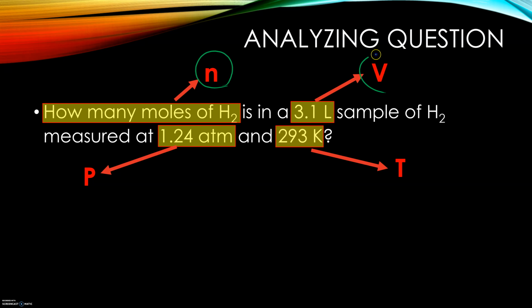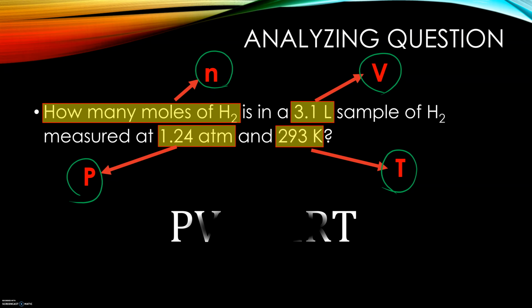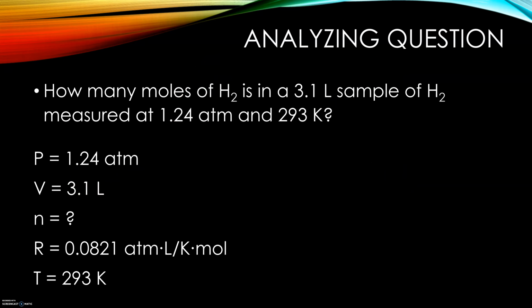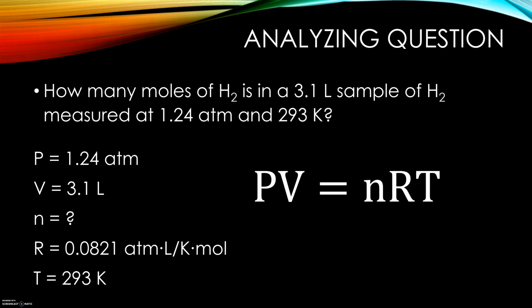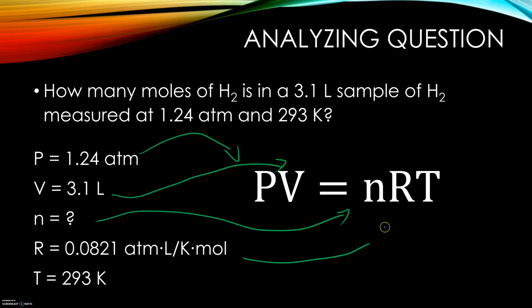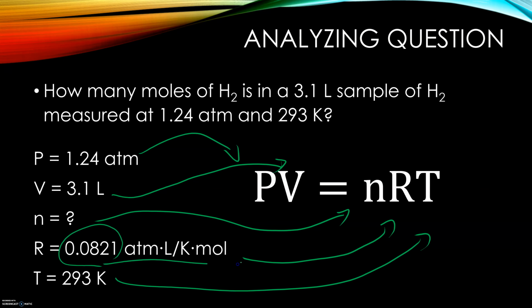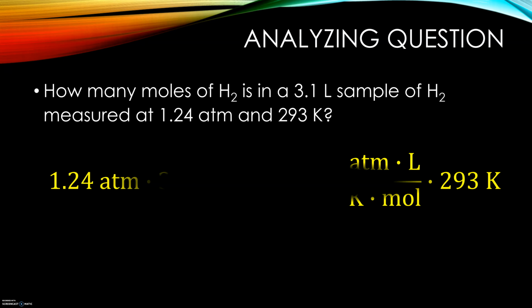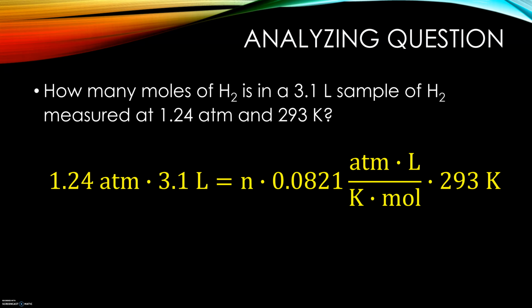Considering the fact that this problem involves 4 variables, there's only one equation that fits that, which is PV equals nRT. All we need to do is plug that into this equation right here, and then calculate it out. Remember, notice that R is using that 0.0821 value with the unit along. So this should help you calculate this entire equation.